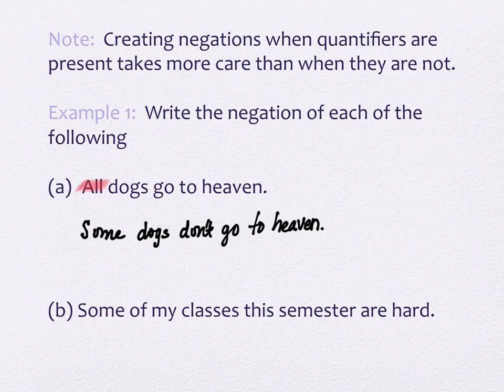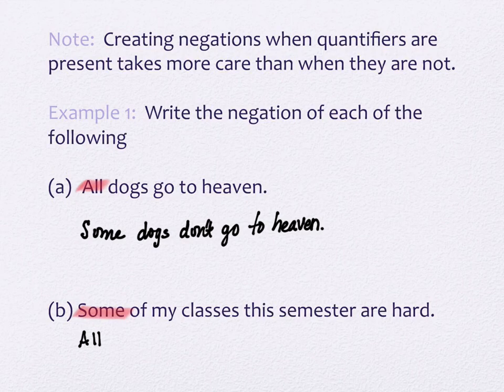All right, so the next one says, some of my classes are hard this semester. Universal or existential quantifier? Existential, the word some. Okay, there's two ways to change a some statement. I already mentioned it before on one of them. We can do the word all. But if you look back at your universal quantifiers, there's positive universal quantifiers that say like all and every, and then there's negative universal quantifiers that say no or none.